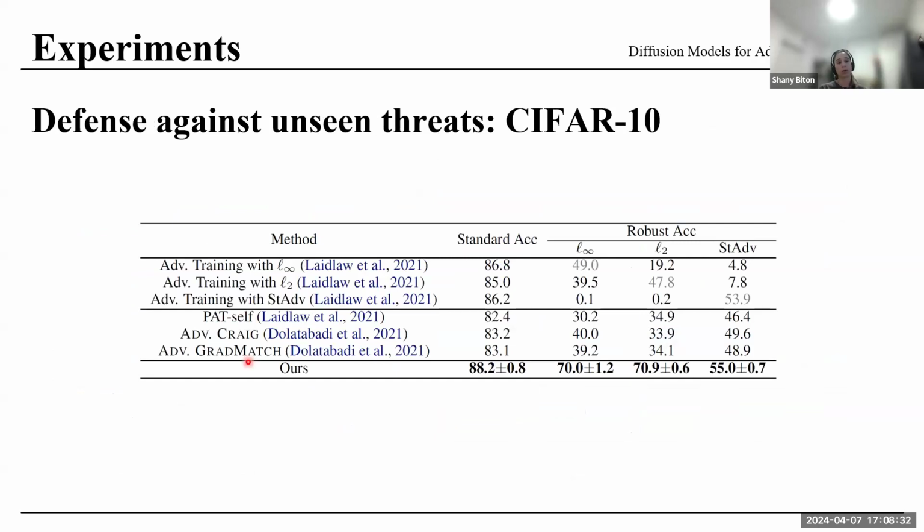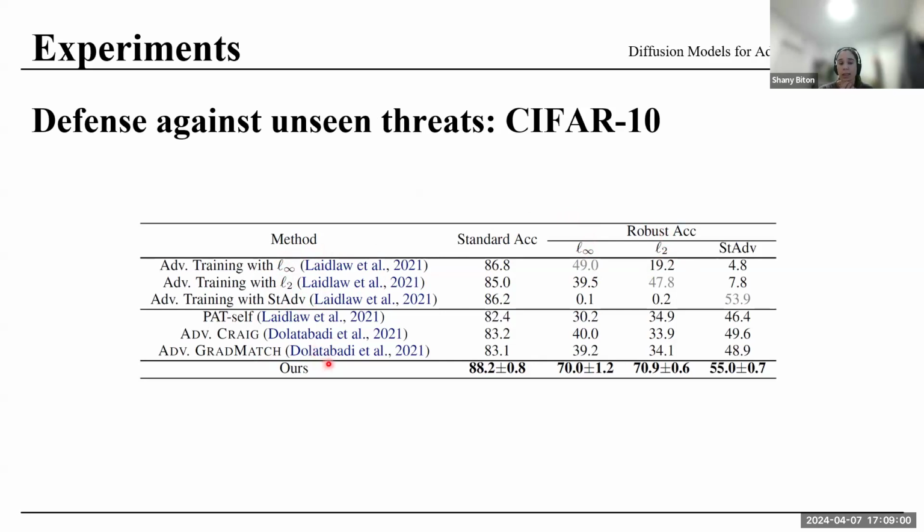Then they wanted to test the model against other defenses that are trained with specific attack objectives. So different Lp norms and SVDiff, which is a different attack. And we can observe the difference in performance on those models on the unseen attacks and DiffPure.